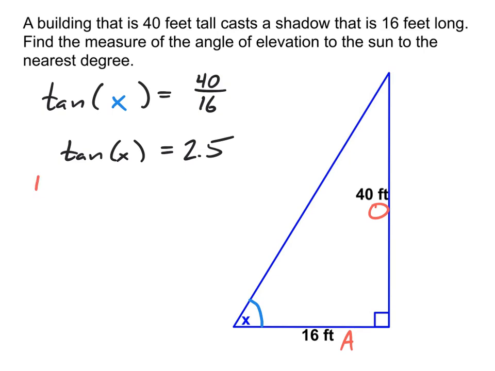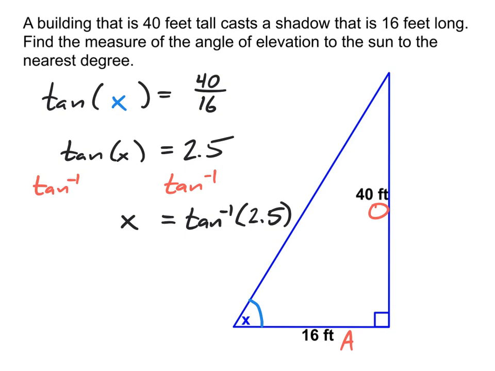That is that tangent to the power of -1 looking thing, which of course we actually say as inverse tangent. And so the inverse tangent of tangent is going to cancel it out. So that's just going to leave us with the x on the left-hand side. That's the whole purpose of doing inverse tangent. On the right side, I'm going to have inverse tangent of 2.5 left behind.